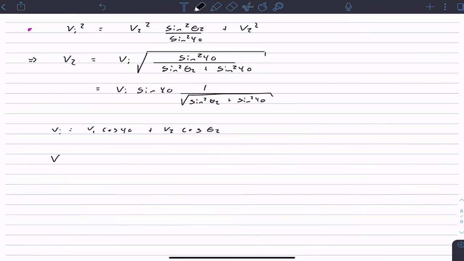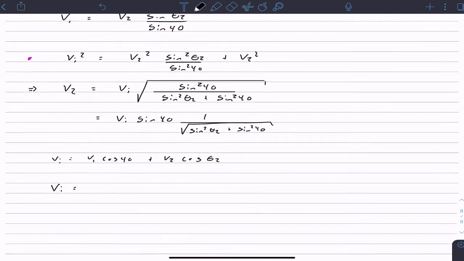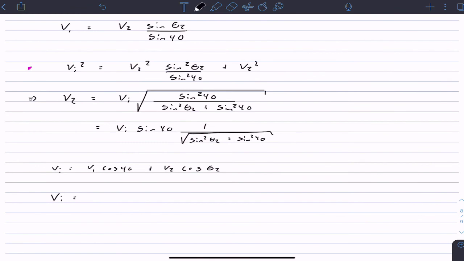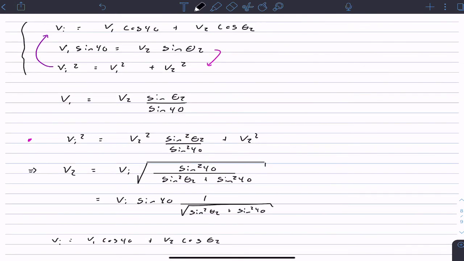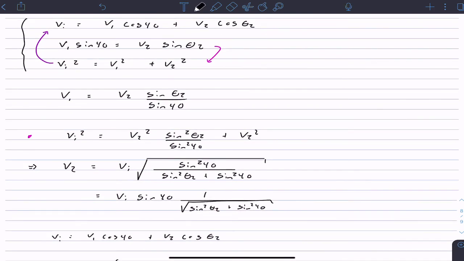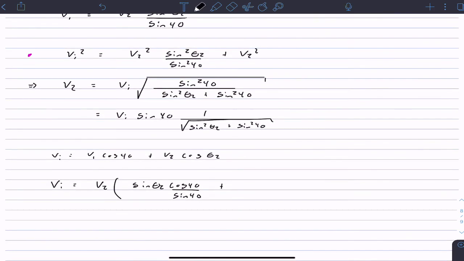So now vi is equal to v2 sine theta 2 times cosine 40 over sine 40, plus, oh, it's just cosine theta 2.